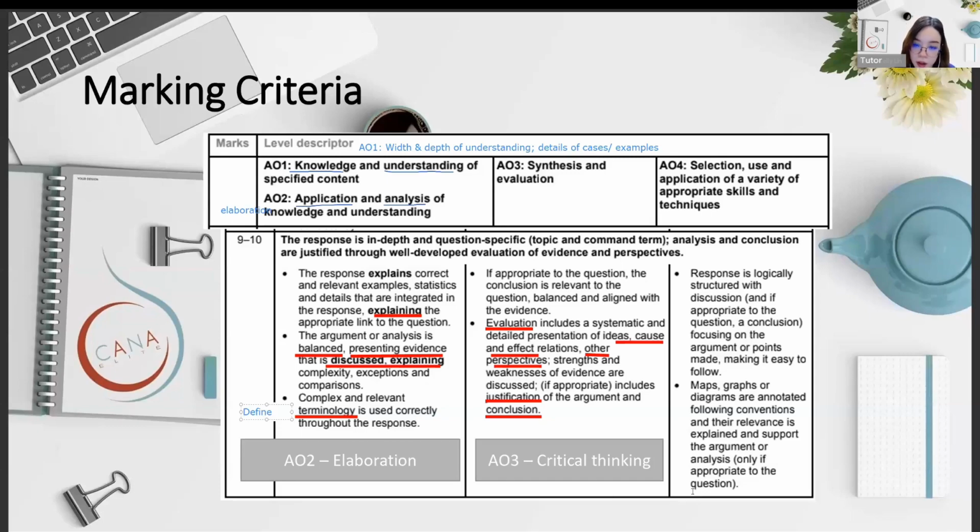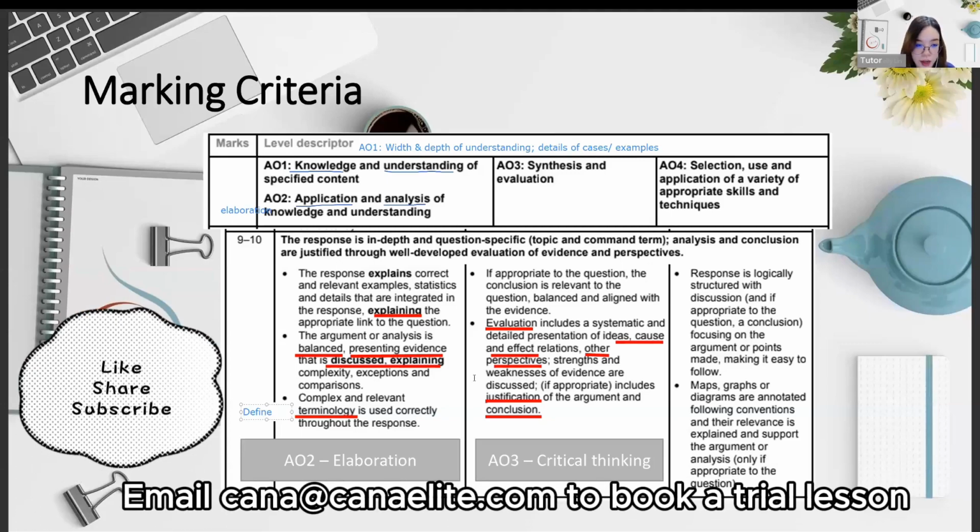If the command word is not that argumentative, if it's about analysis or discuss, then please share your observation. Okay, share your observation.